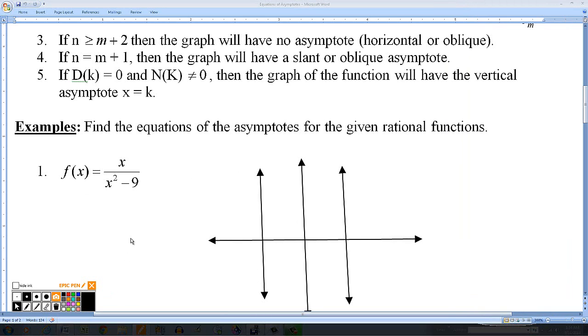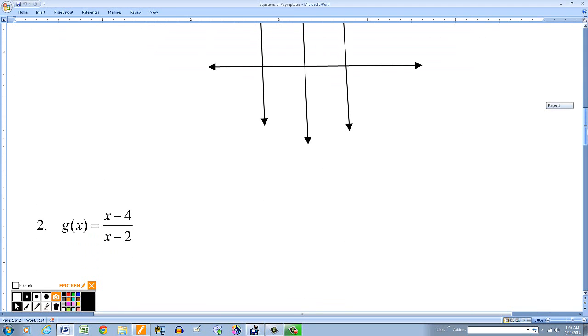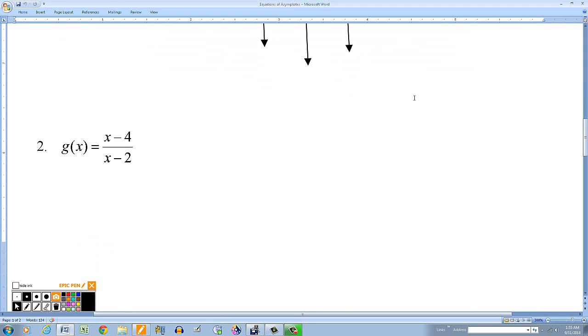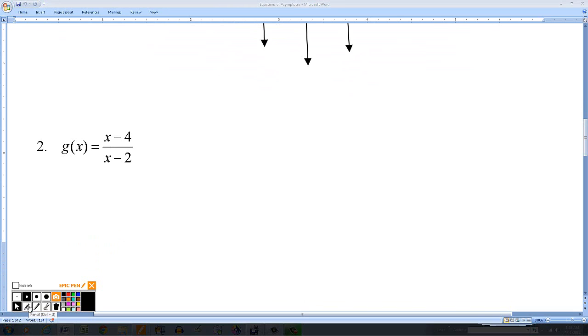The focus here, though, is simply on the asymptote. So the next one, we want the equations of the asymptotes. So for the horizontal asymptote, we look at the degree. The degree of the numerator is 1, x to the first, highest degree term.